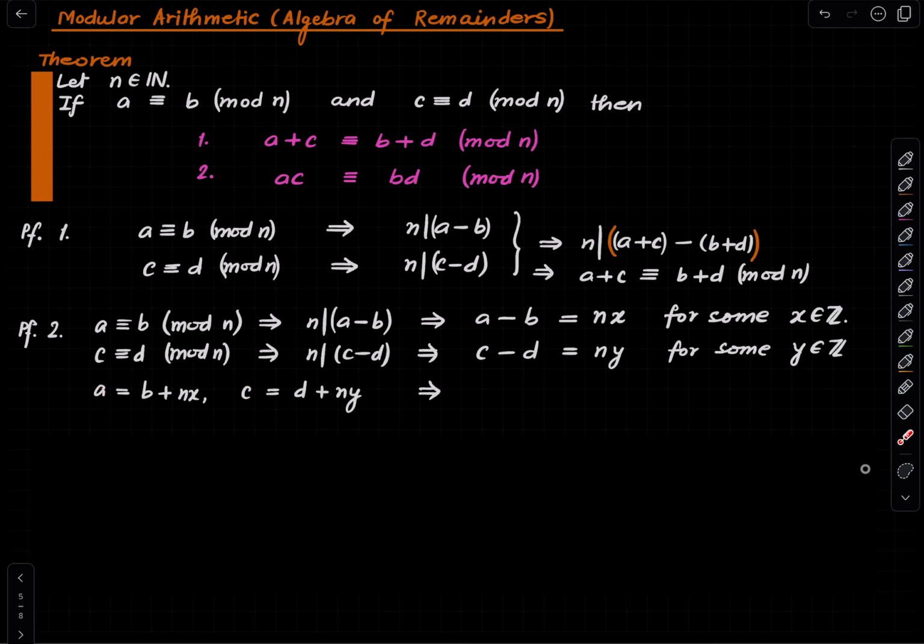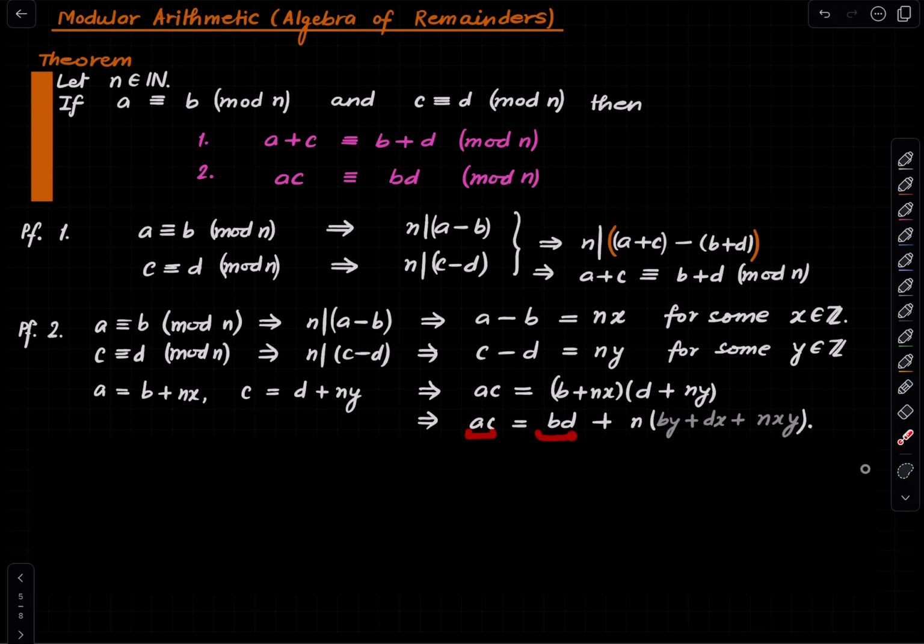So the left side is AC, the right side is B plus nx times D plus ny, which is by basic algebra BD plus some garbage, but let me write down the garbage even though it's not important. The garbage is by plus dx plus nxy.